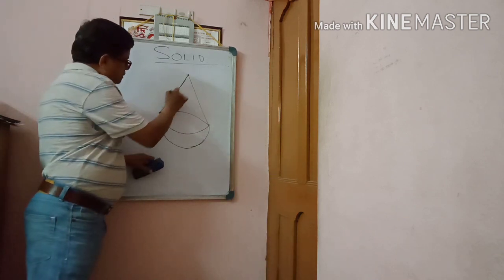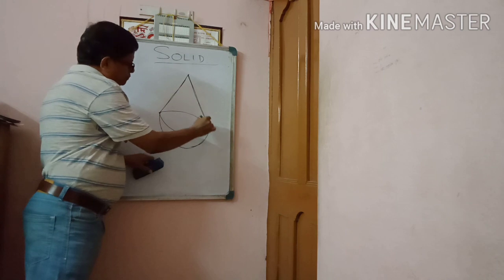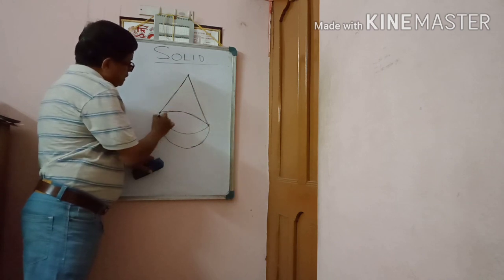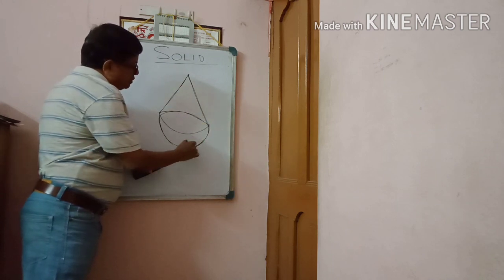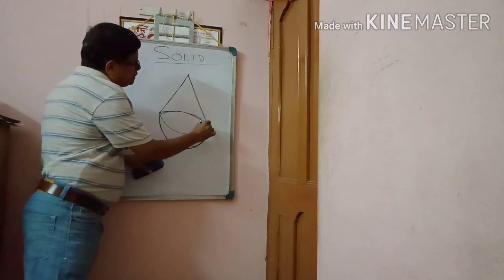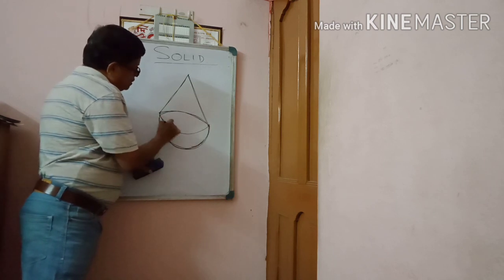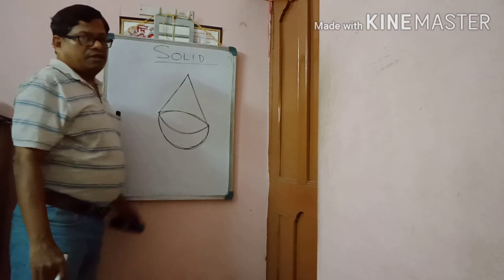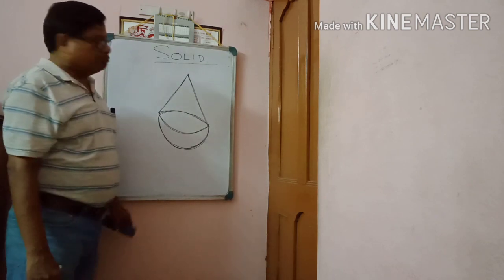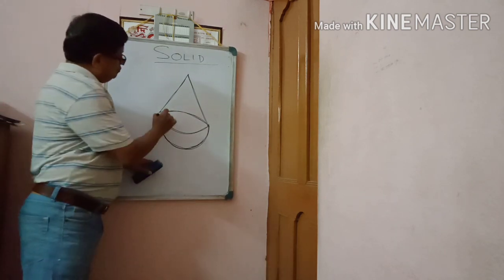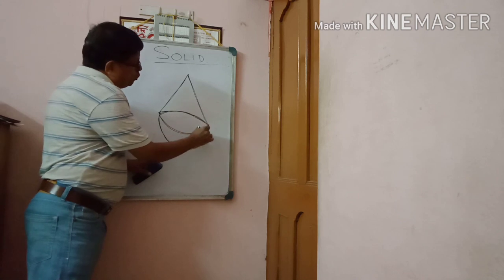This is a cone. This is a hemisphere. So this is one combination, a solid figure.